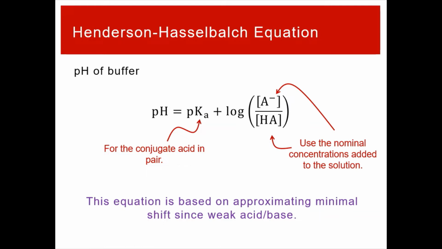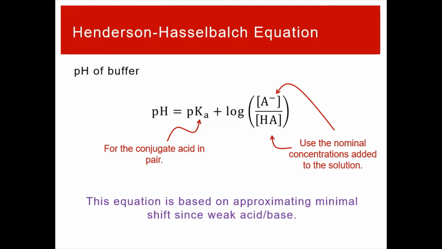This equation comes from the ice table description, looking at how your conjugate pair interact with water, make hydroniums and hydroxides, and you can combine all of that in a single equation based around approximations of minimal shift, since we have weak acids and weak bases.